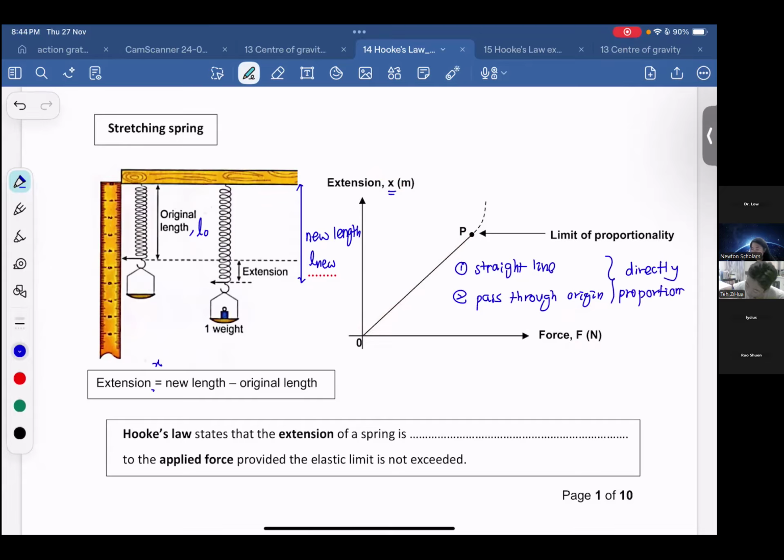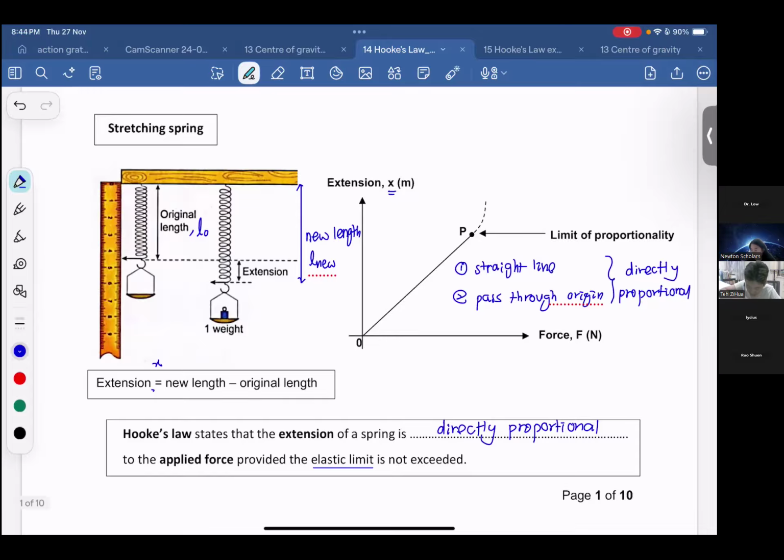Okay, so Hooke's law. Hooke's law says that extension of the spring is directly proportional to the force. X is directly proportional to the force. Provided, okay, this one, I don't want elastic limit.